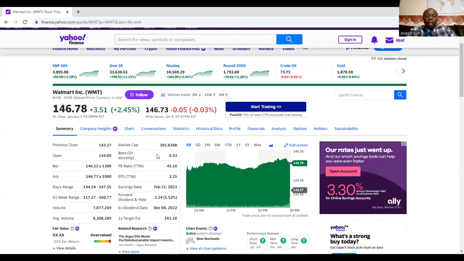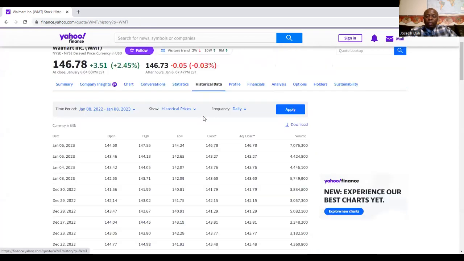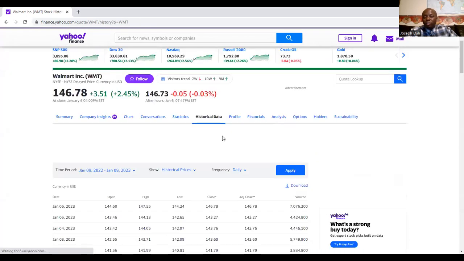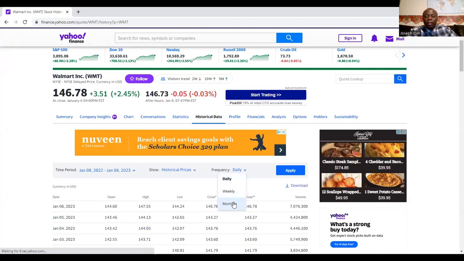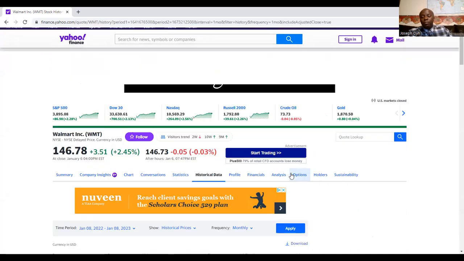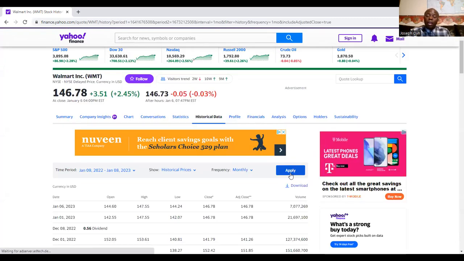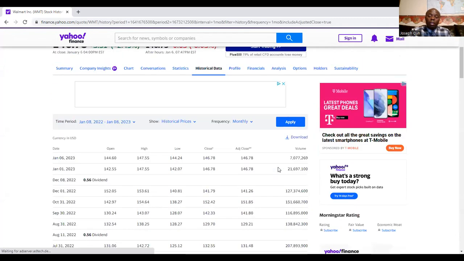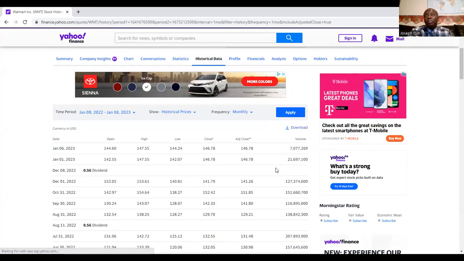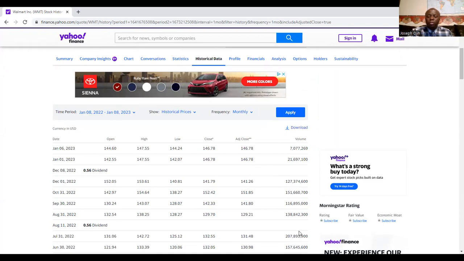So it's Walmart. I'm going to open the historical data and make it monthly data. I've already explained this before when I was teaching you how to calculate returns, expected return and average returns. I use the adjusted close to calculate the return.